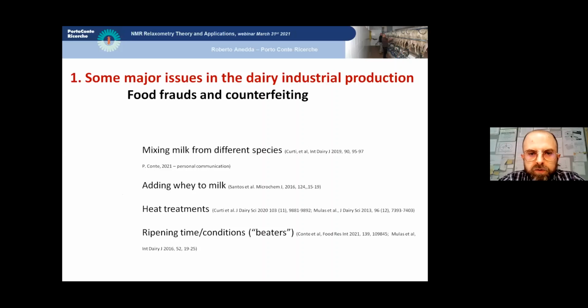As an example, mixing milk from different species and using this milk to produce cheeses that must be produced from a single defined milk source, according, of course, to the official cheese-making protocols, is not allowed. And adulteration of milk by addition of milk whey is sometimes used to artificially increase milk volume.